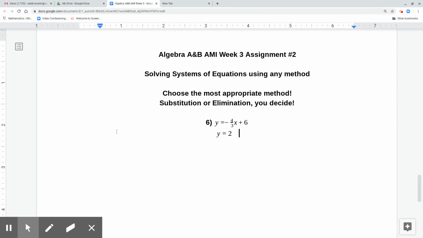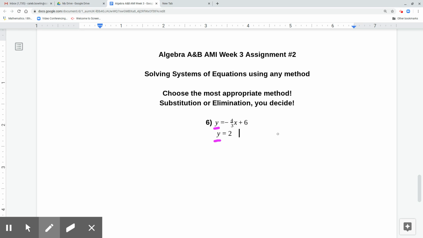All right, let's start with question number 6. The first thing I need to do when looking at these systems is decide which method the system's better set up for. Here, both equations are set up as y equals something.